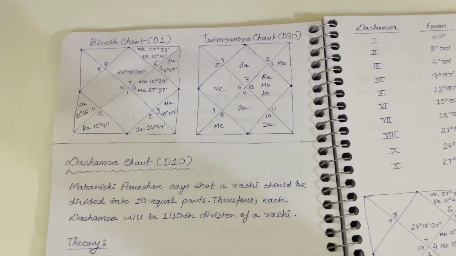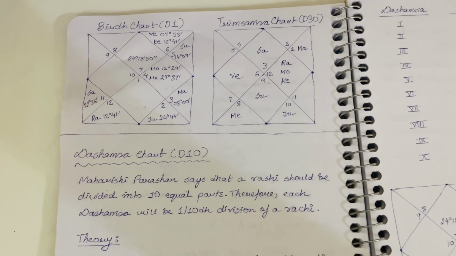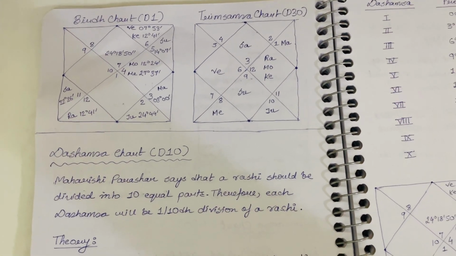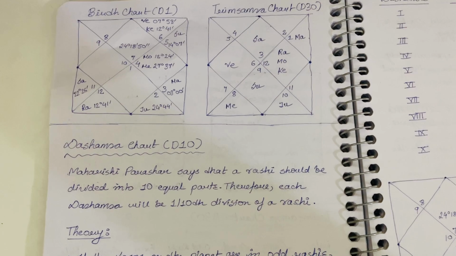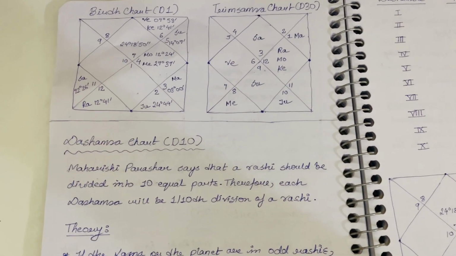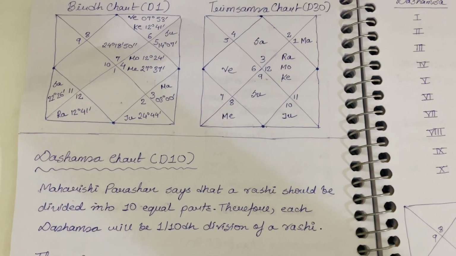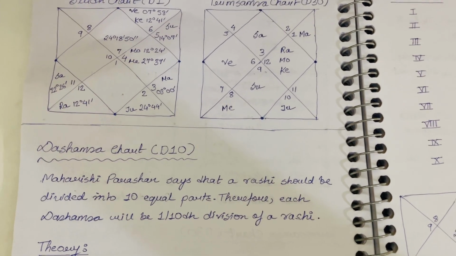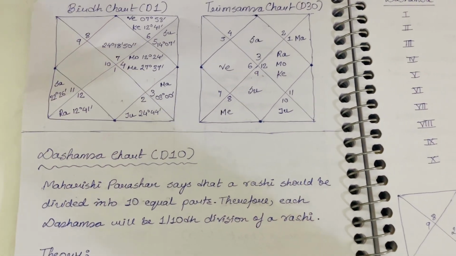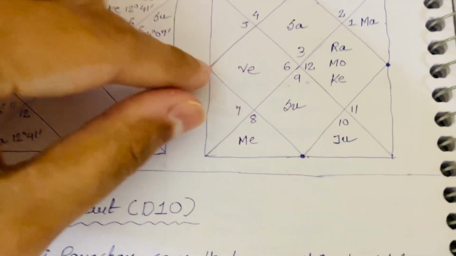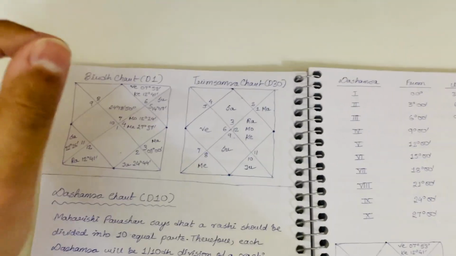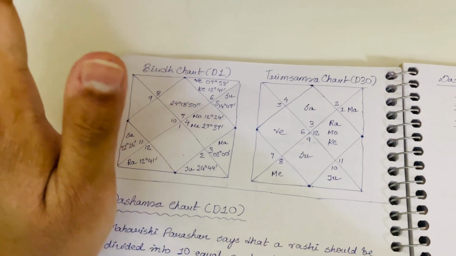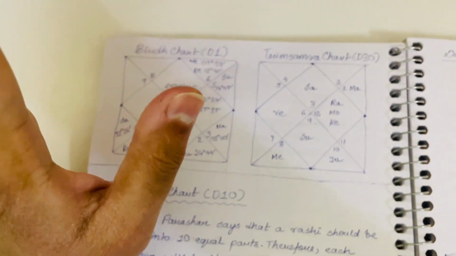So this was all about how to manually create the Trimsamsa Varga chart, the D30 chart, from the birth chart. One more observation you must have made, I'm sure, or if not, then have a look at this Trimsamsa chart and tell me something unique that you will not find in any other horoscope except the Hora chart.